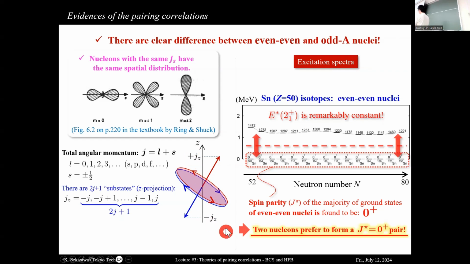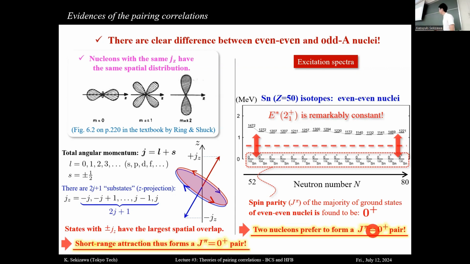In those cases, the spatial distributions of the wave functions are the same, so the two nucleons can acquire maximum overlap and feel more attraction. This is the naive explanation of why they form a spin parity 0 plus pair. Because the JZ magnitude is the same but the sign is opposite, as a result, they form the spin parity 0 plus Cooper pair.